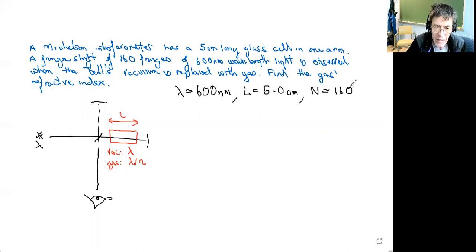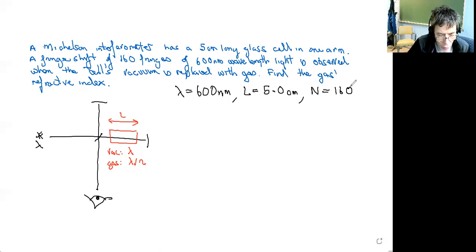That means that we watch the fringe pattern, we see a location on the fringe pattern go from dark to bright to dark to bright to dark to bright 160 times. There's 160 fringe shifts.